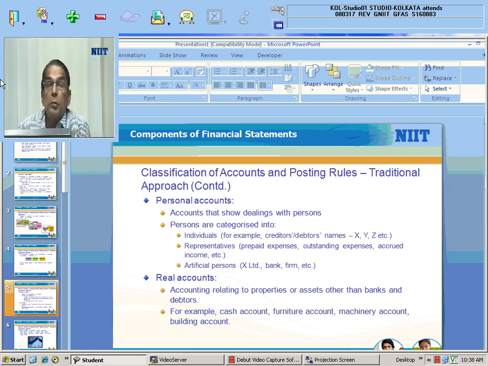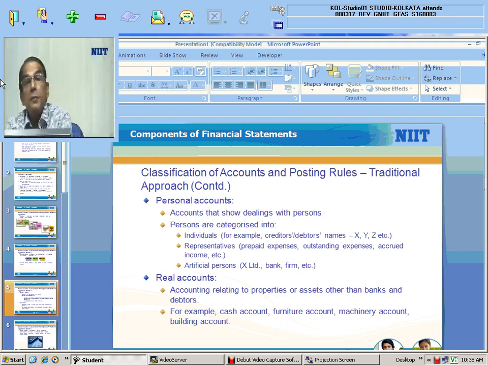Prepaid expenses to various or prepaid wages to the various employees. It's a prepaid expense. Wages paid in advance to various employees, it's a part of prepaid expenses. Then we have artificial persons like X Limited, Y Limited, State Bank of India, like that.